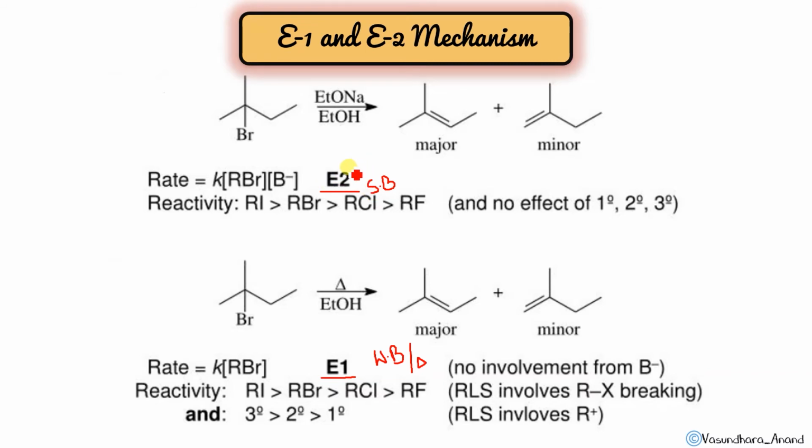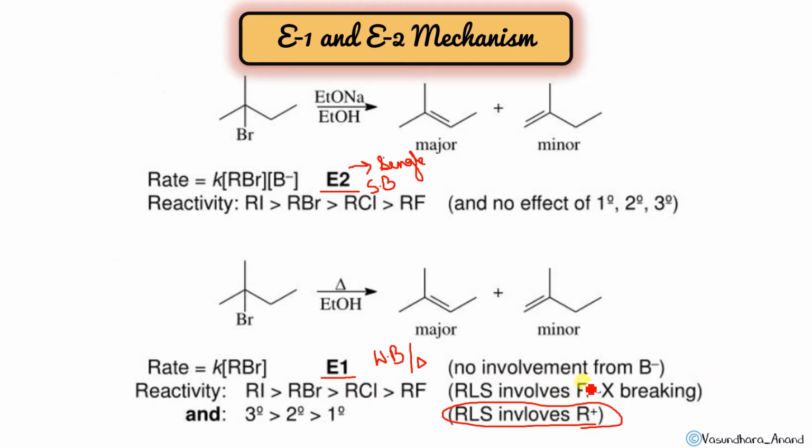E2 will be in a single step, okay, but E1 will not be in a single step. In this, first the carbocation will form. RLS means rate limiting step, okay. So first the RX bond will break and then the carbocation will form.